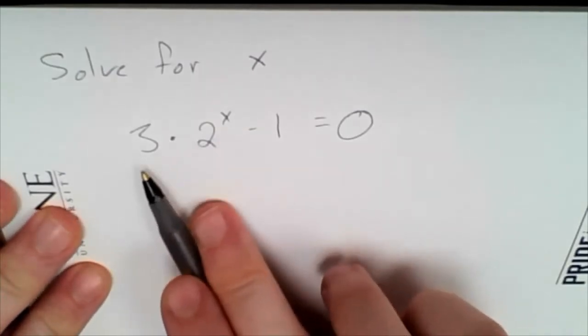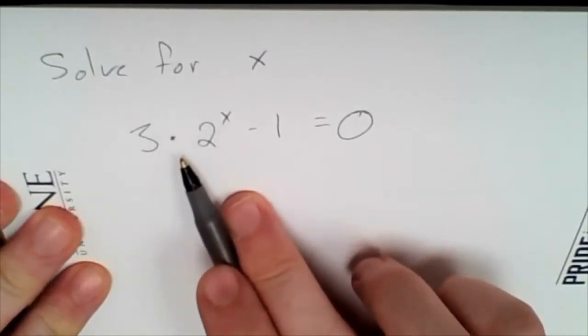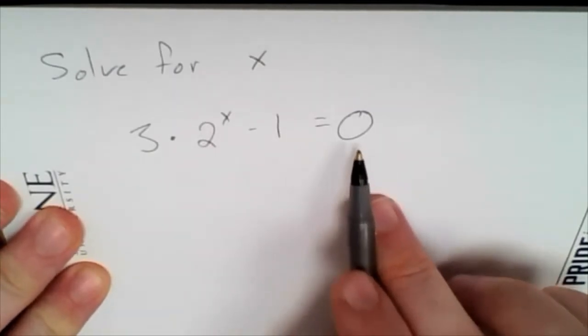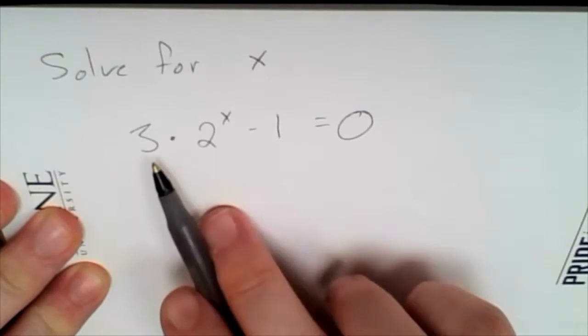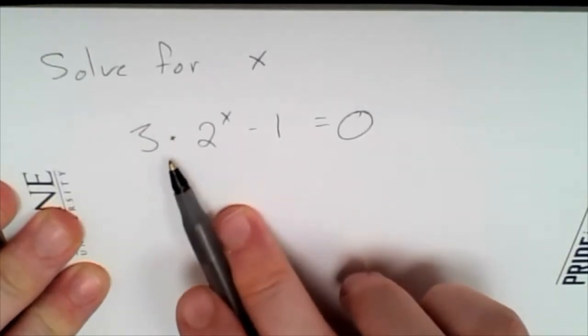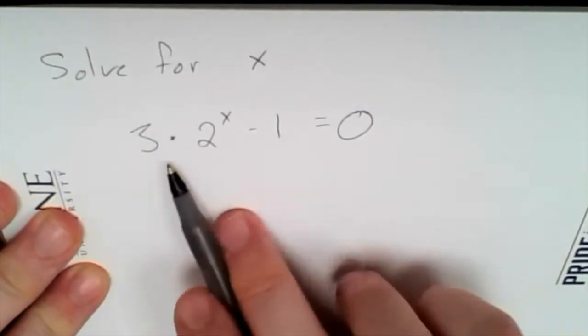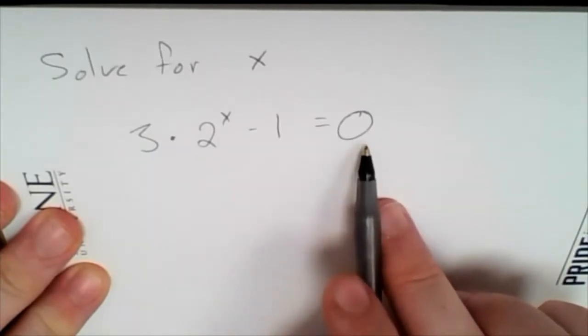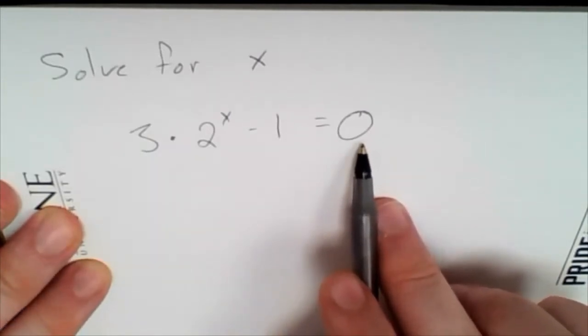So I have some stuff multiplied together, and then subtract 1, and that equals 0. If I was going to divide that 3 out, I'd have to divide it from every single term I have on the left side and divide it from every single term I have on the right side.